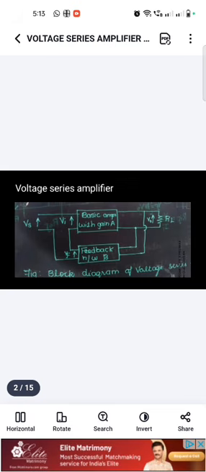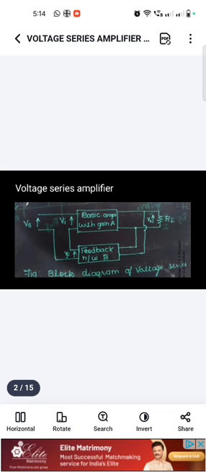For the input side, if you use a current source, it is in parallel with the resistor. If you use a current source in the output, it will reverse. We do not use the resistor in parallel, but instead we use that resistor in series. Understood? If the voltage source is in series with the resistor, this pattern we take on the input side, but on the output side it will be reversed. If we use the voltage source on the output side, we connect the resistor in parallel.